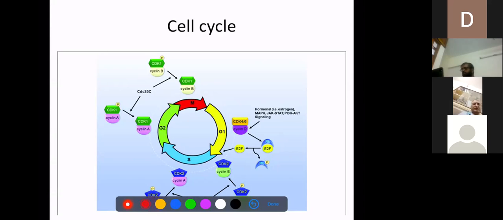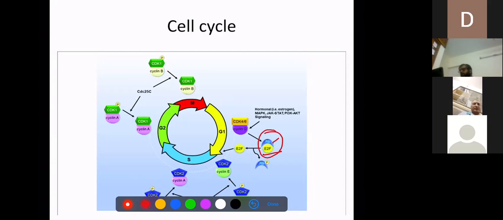So in G1 phase, cyclin D and CDK4 and 6 combine together. What they do is that normally the retinoblastoma gene, that is the RB gene, is the tumor suppressor gene. Usually it is in a hypophosphorylated state, that means less phosphorylation. During the hypophosphorylated state, it is attached to a growth factor called E2F.